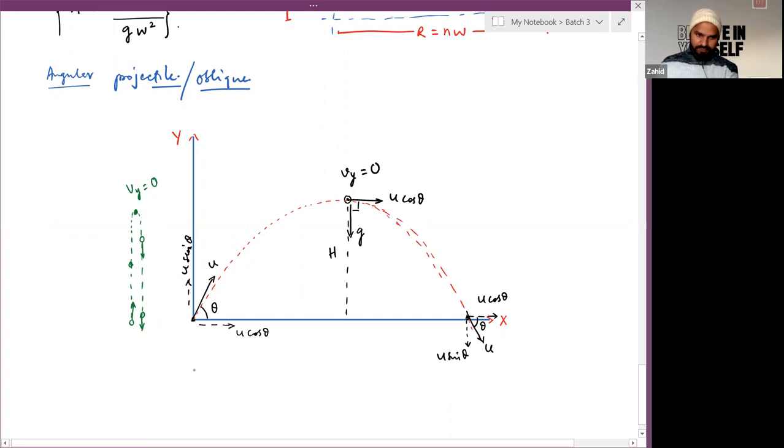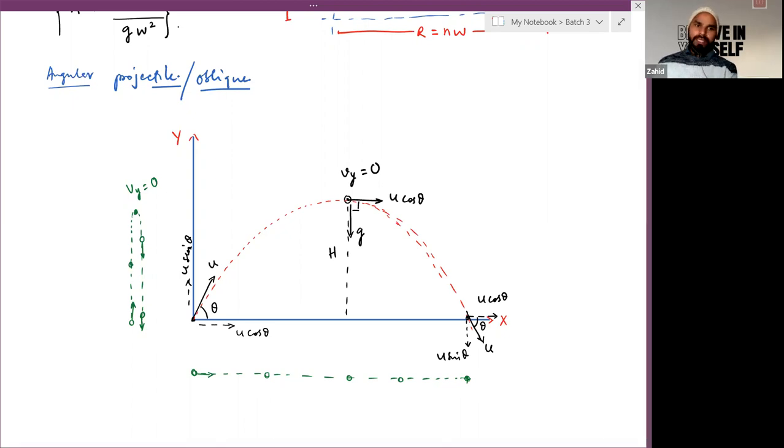If I define it for horizontal motion from this point along this path till this final, it will move along this direction due to u cos theta. At some point, it will be at this, and finally hit the ground at this point. So we can say this body has two different ways of motion.